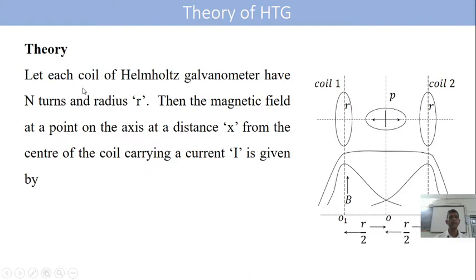Again, theory. Let each coil of the Helmholtz galvanometer have n turns. That means n is the number of turns of each coil and r is the radius of each coil.